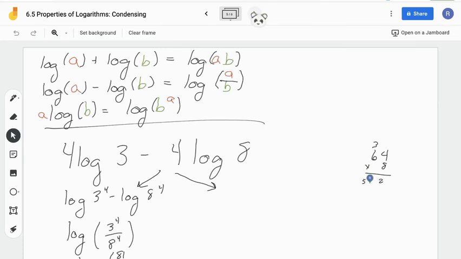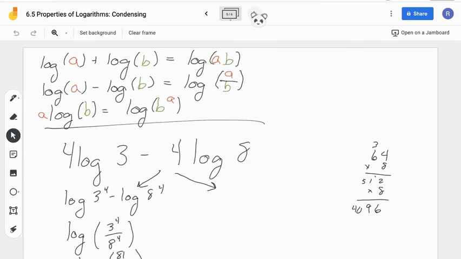And then we still need it times 8 one more time. Oof. 4,096. Now the question is, can I simplify this at all? We'll just kind of leave it hanging at this for now.